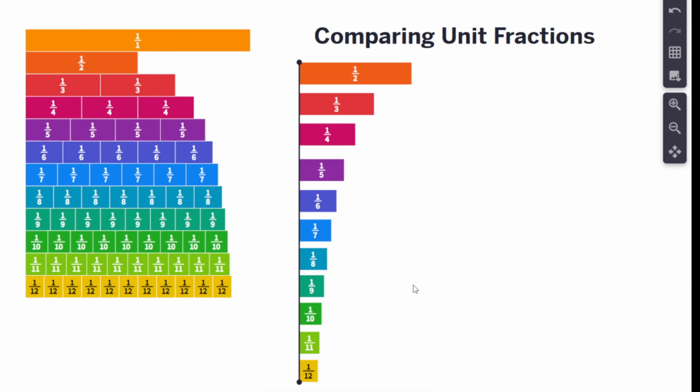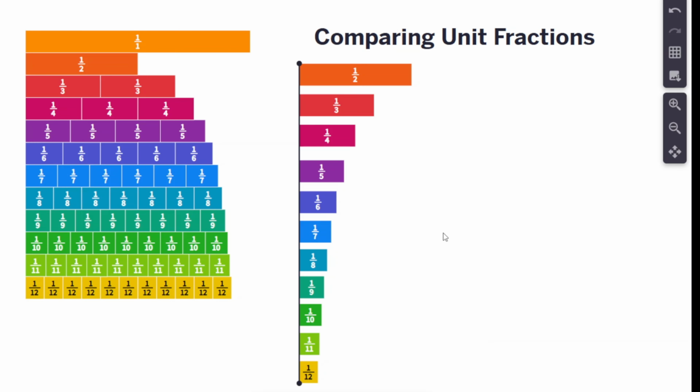Unit fractions are fractions that have 1 in the numerator, and the denominator is different. We can see from this pattern that the greater the denominator, the smaller the fraction.